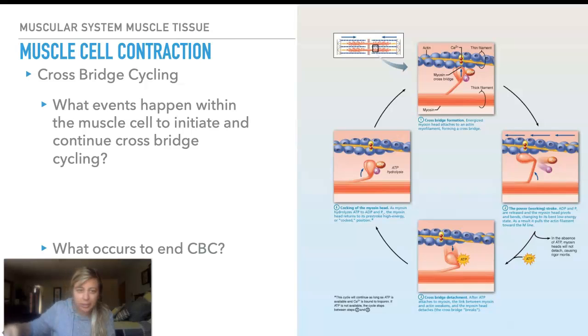When you're watching this video clip, you want to pay attention to what is occurring in order for these cross bridges to form between the actin and myosin, and also what happens to end this. So how do we contract a muscle, but also how do we relax a muscle in order to stop this cross-bridge cycling?